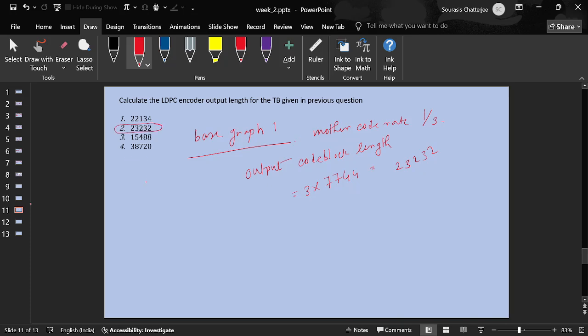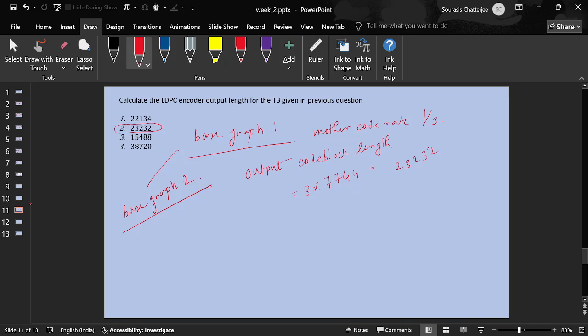Now assume that instead of base graph 1, the question asks you about base graph 2. Will your answer remain the same? What is the LDPC encoder output length? The same question, I'm just saying that I'm going to implement base graph 2 because my SNR reduces.